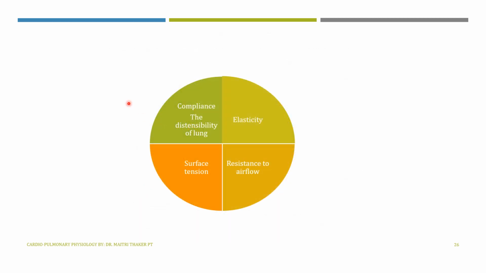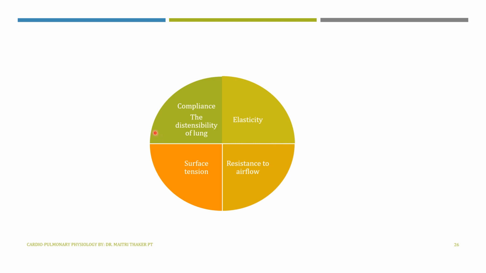Okay, now other than pressures, there are four main characteristics of our lungs. So let's discuss them one by one. First of all, we will discuss compliance. Compliance is nothing but the ability of our lung to distend, the ability to expand.